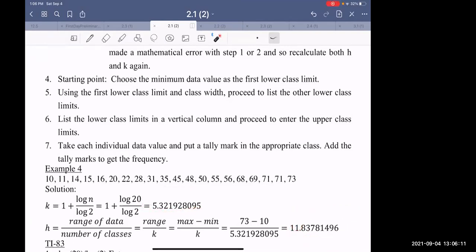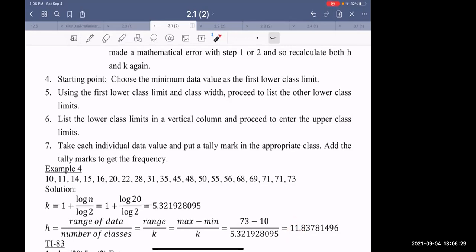So both of these are going to feed off of each other. I'll look to see what happens when I round this down to 5 and round this up to 6, and what happens when I round down to 11 and round this up to 12.